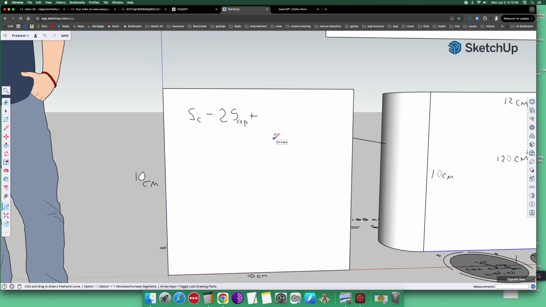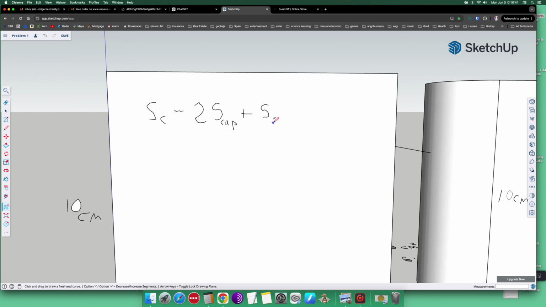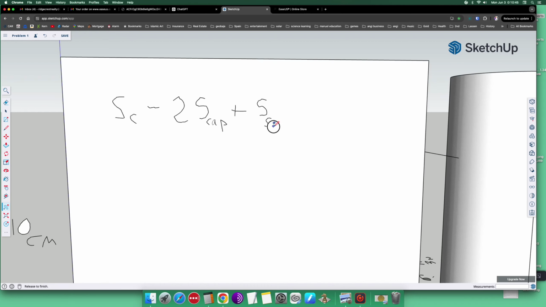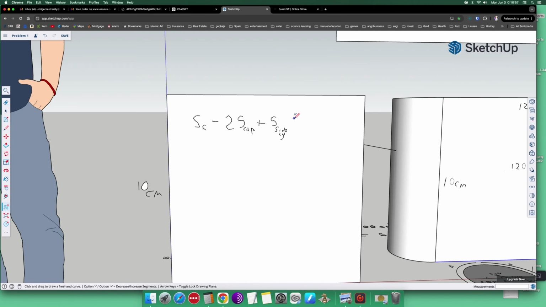That would be the surface of the side of the cylinder. I'll just abbreviate. And that would give me my total surface area.